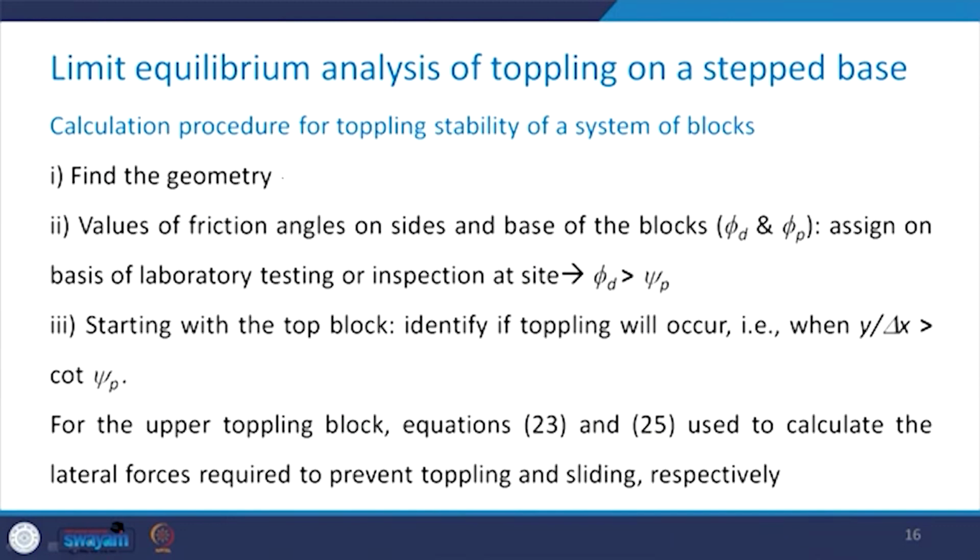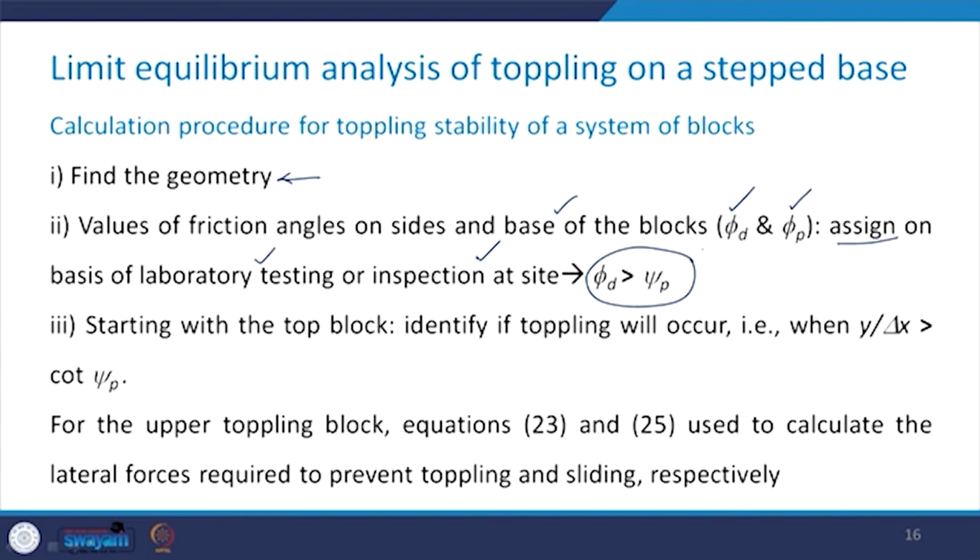The first step is you need to find the geometry of every block. Then the values of the friction angles on the sides and base of the blocks, they are phi d and phi p. We need to assign these on the basis of lab testing or inspection at site, and you need to keep in mind that this phi d will be greater than psi p.